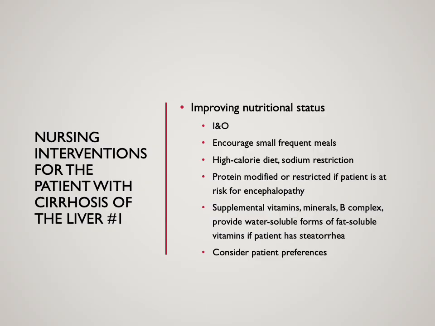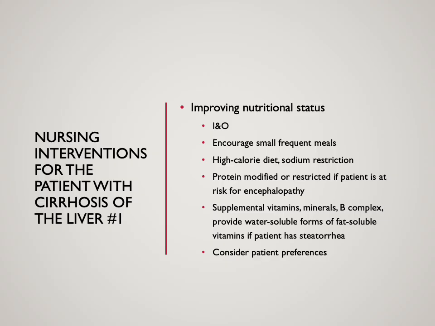I know we're going to monitor, encourage frequent small meals and a high calorie diet with low sodium to try to combat more ascites. Because again, remember in the normal situation, where sodium goes, water flows, and so they're going to be fluid overloaded if they're getting too much salt in their diet.